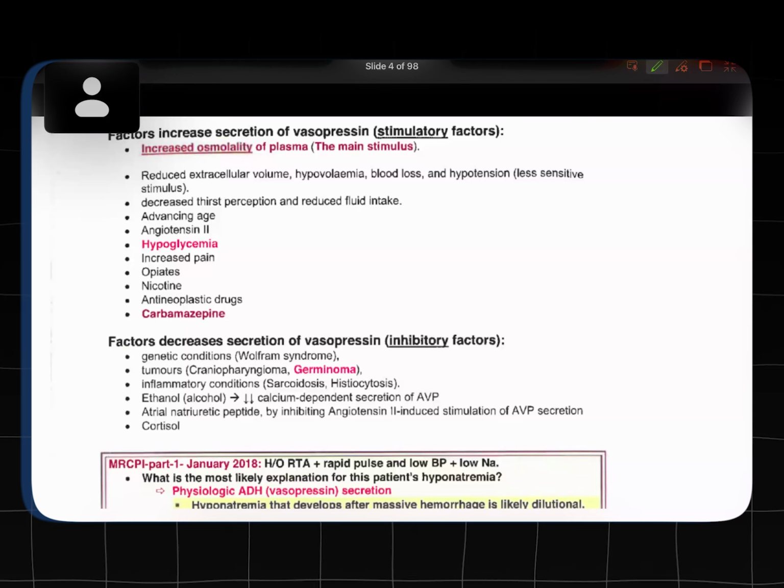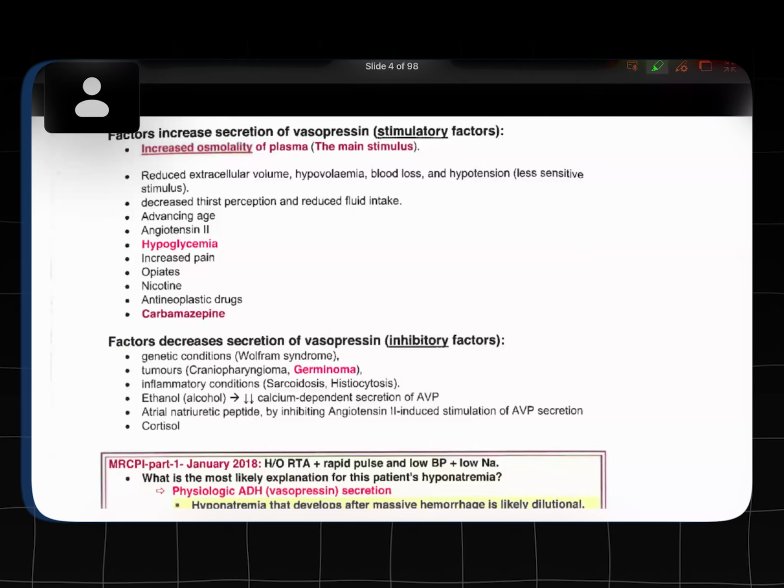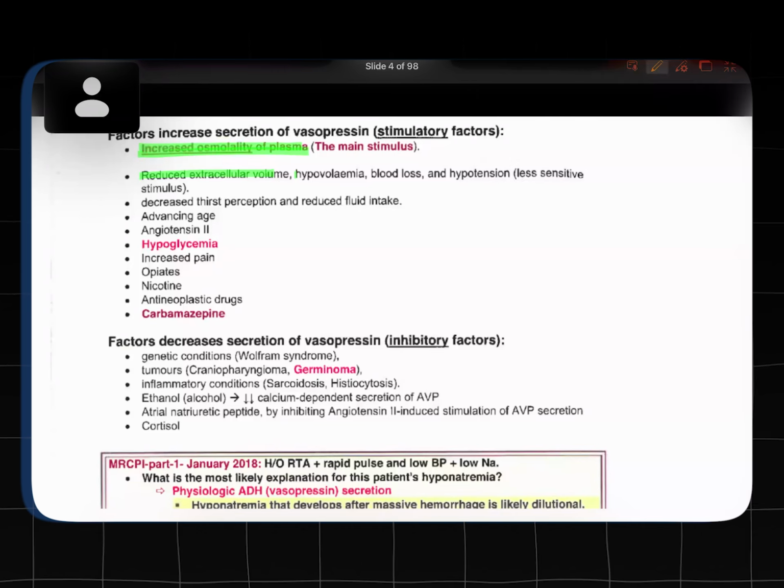Next is, when is it released? The main stimulus is increased osmolality of plasma. Why does this happen? Because the action is it will reduce the extracellular volume. So the main stimulus is increased osmolality of plasma. And what is the action?